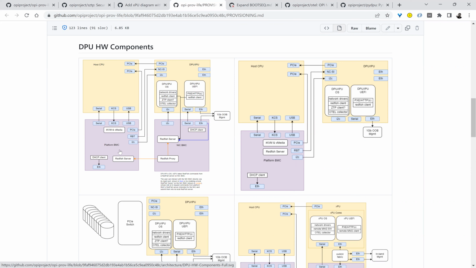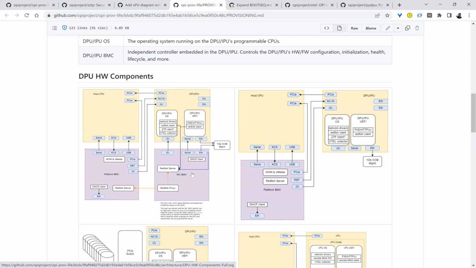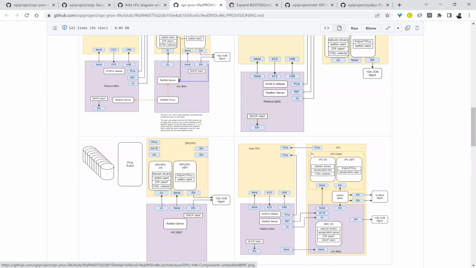NCSI can come from the platform BMC and terminate inside the ARM cores or terminate inside the IMC cores, like the NIC BMC. I would mention all of that as optional because, if you look at all the diagrams, yes, there are 1, 2, 3 components that are here but not here, but all the rest looks very much the same to me.